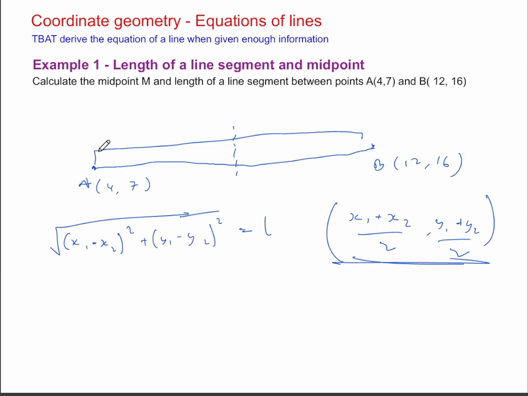So you take the average of the x values. So 4 plus 12, which is 16, divided by 2, which is 8. And 7 plus 16, which is 23, divided by 2, which is 11.5. And this straight away gives you the midpoint. Just take the average of the 2 x's and the average of the 2 y's.